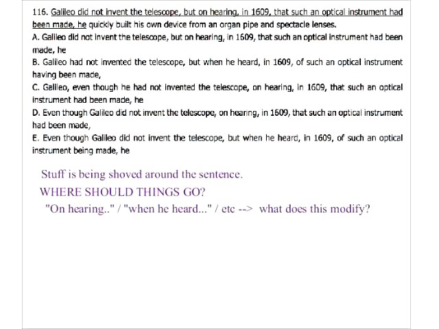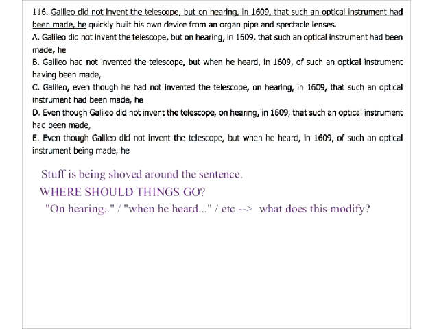Okay, yeah, when he heard that something had been made, he made his own. So this should modify the sentence. Not a telescope. Telescopes don't hear things. So this couldn't modify a telescope.